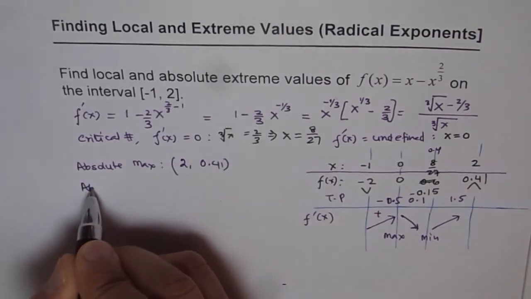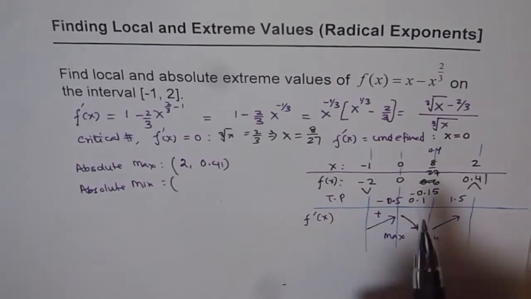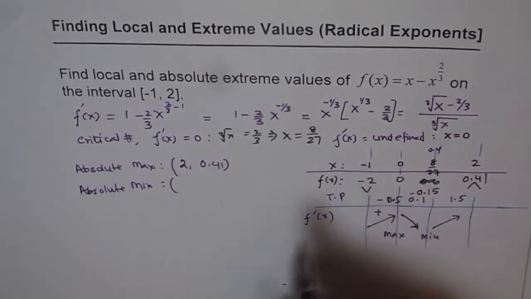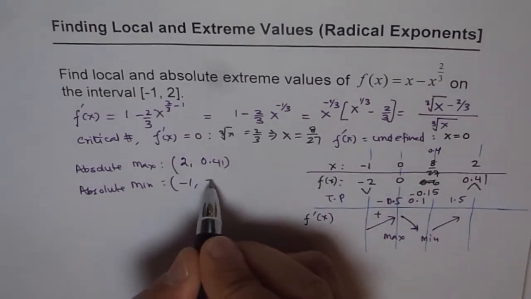We have an absolute minimum at minus 1, and the value of the function is minus 2.